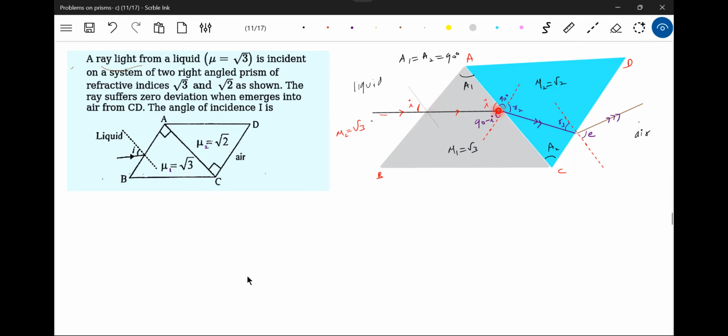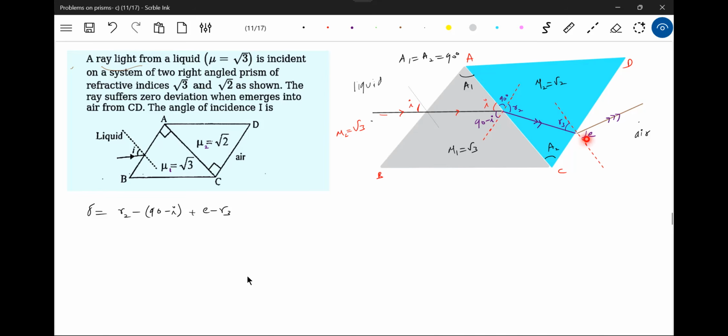What about here now, the ray? It is moving from denser to rarer, no? So therefore R2 is 90 minus I. This will be the angle of incidence. So the net deviation will be 90 minus I minus R2, then E minus R3.